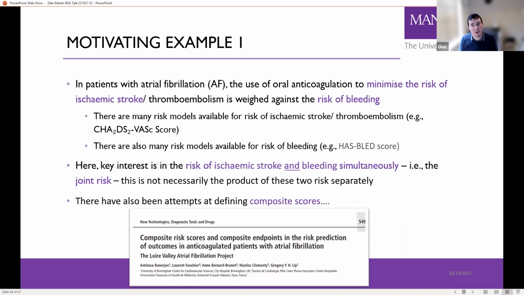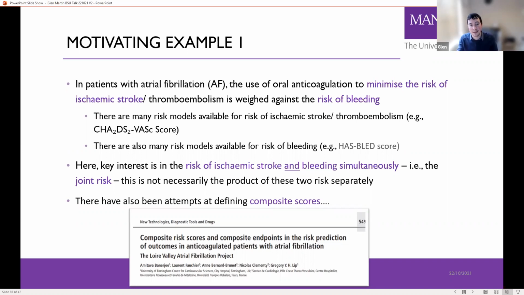So just to give an example of that, in patients with atrial fibrillation, or AF, the use of oral anticoagulants is constantly being balanced between the risk of somebody having a stroke and the risk of bleeding. And there are many risk models that are able to estimate the risk of stroke, and many other models that are able to estimate the risk of bleeding.